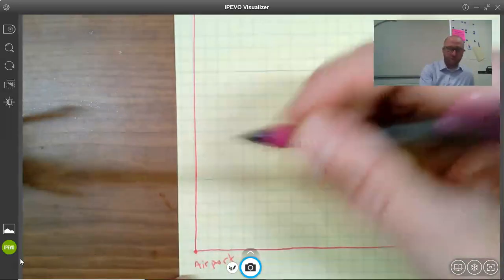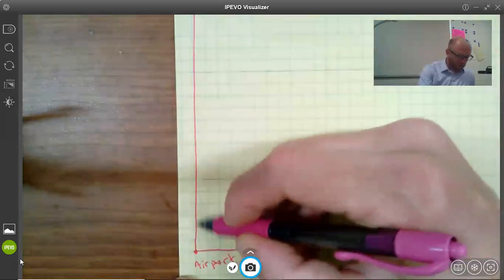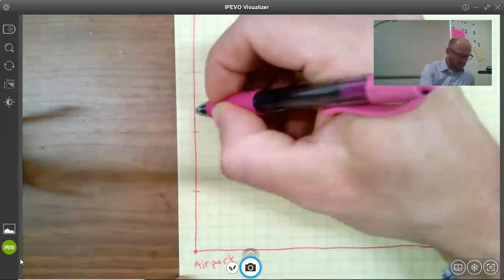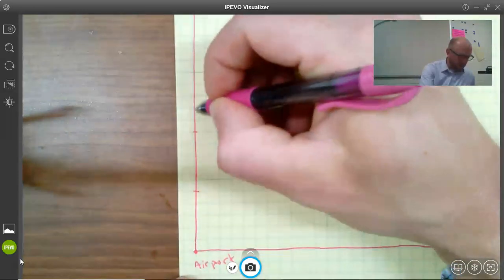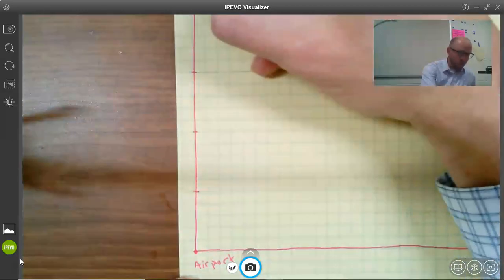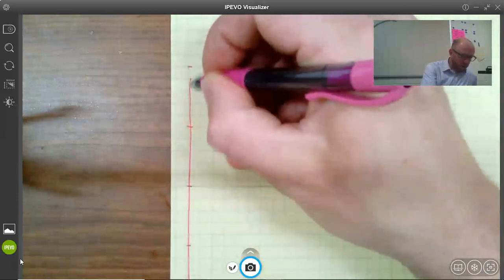So he's driving 26 miles south, which means he starts 26 miles north of the airport. So let's count up: 1, 2, 3, and so on up to 20, going off the screen here, then 1, 2, 3, 4, 5.